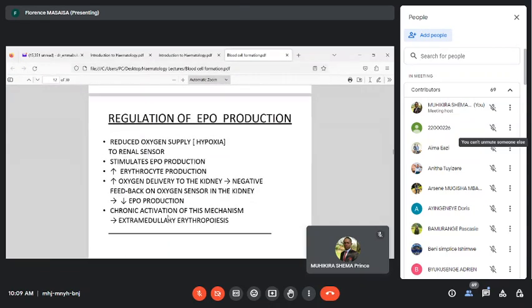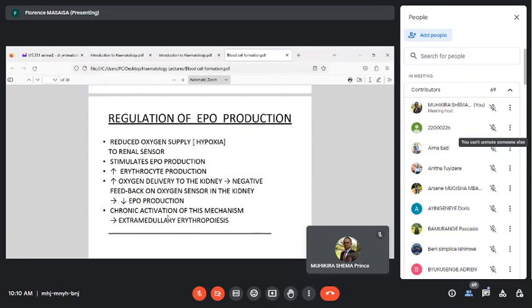So how is it regulated? You have done physiology on that, just a quick revision. It is usually induced when there is a decreased oxygen supply to the tissue. There will be stimulation of erythropoietin production. The erythropoietin, by playing the role mentioned above, will increase erythrocyte production. That will make hemoglobin increase oxygen supply to the kidney.